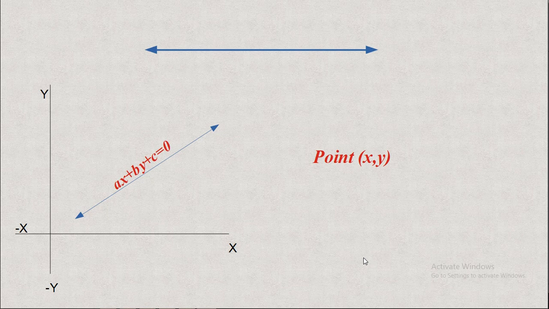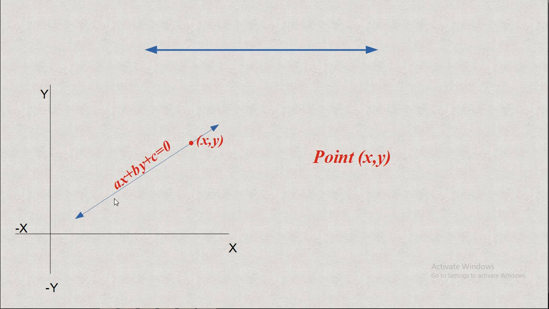So in general ax plus by plus c equal to 0 is represented in a graph like this, and the solution point (x, y) will lie on its graph.